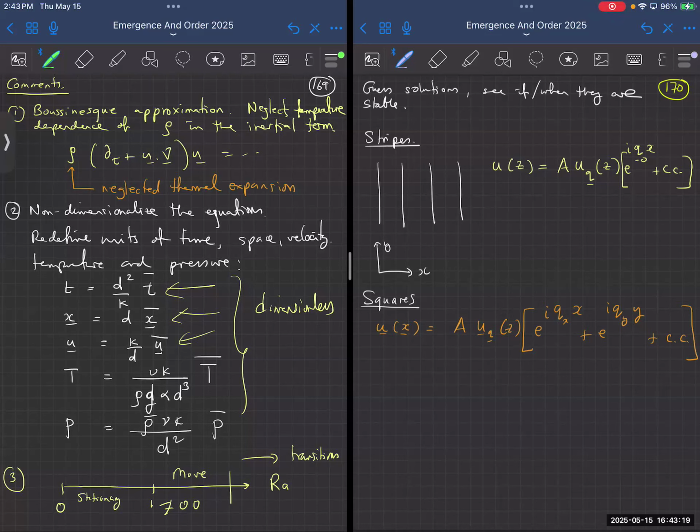So now the question is, are any of these states observed? And not only are they observed, but if they are, in what range of parameters? Because some of these states may be observed in some range of parameters, but not in others. So in what range of, say, Rayleigh and Prandtl, for example. The answer to that is we don't know which are going to be observed, but we know that if they're unstable, they're definitely not going to be observed.